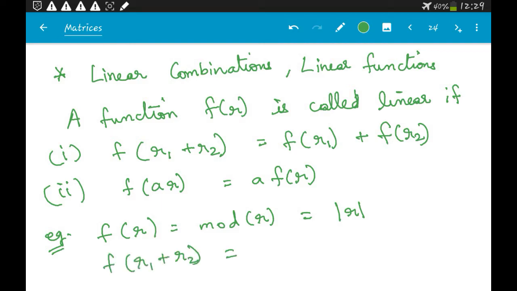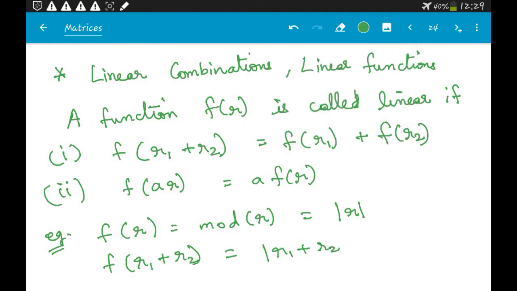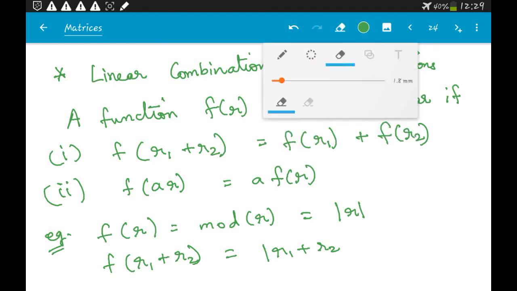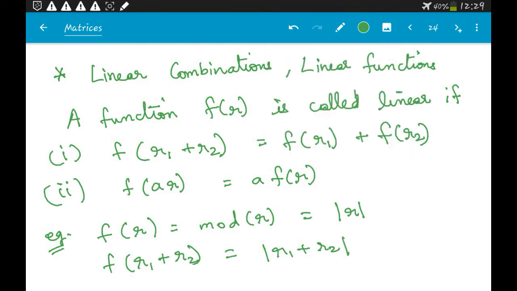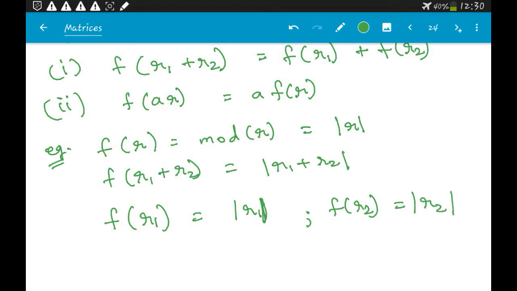This would be mod of r1 plus r2, and just f of r1 would be mod of r1, and just f of r2 would be mod of r2.